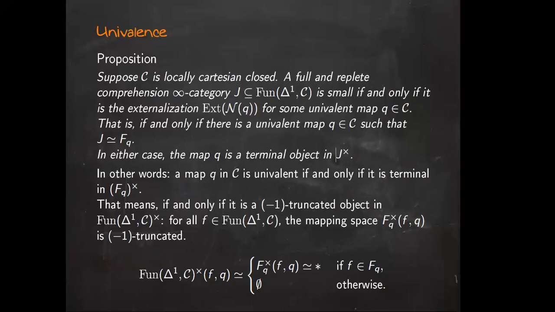These are full subcategories, so the Hom space in the whole arrow category will also be contractible. And if it doesn't arise as a pullback, well, it's empty, right? So univalence means it is -1 truncated in this sense.